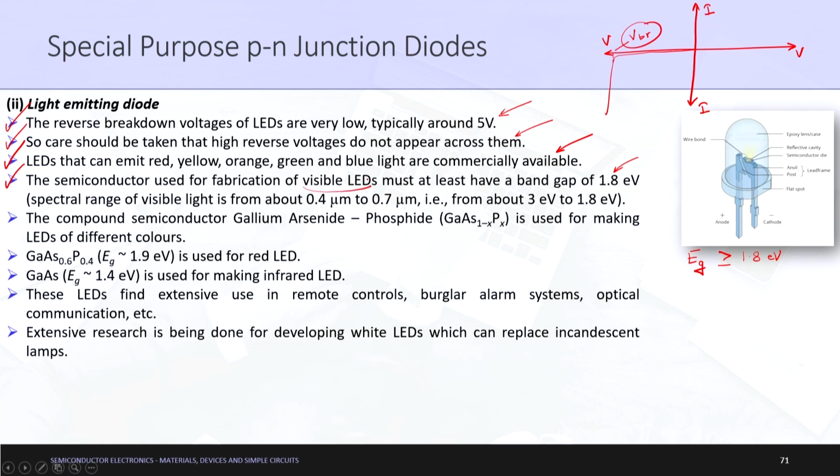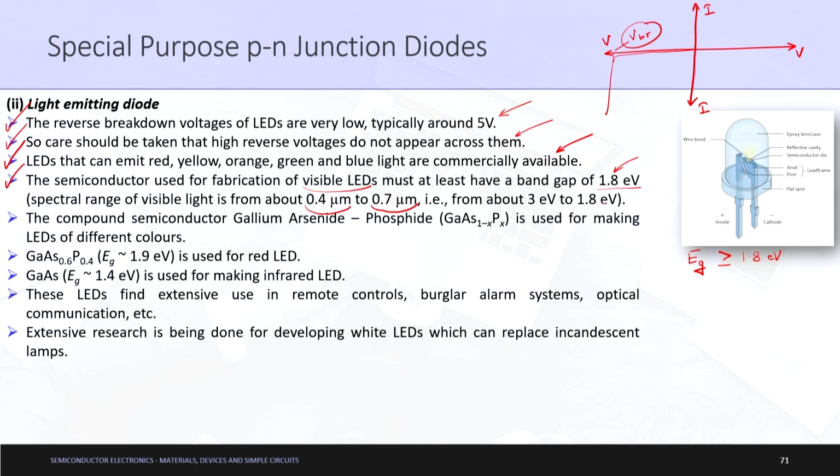Those LEDs which emit light in the visible range of the human eye must have at least a band gap of 1.8 electron volts, that is, the spectral range of visible light is about 0.4 micrometers to 0.7 micrometers. Okay. So, they are just telling you the spectral range. These are basically the wavelengths of violet and red color.